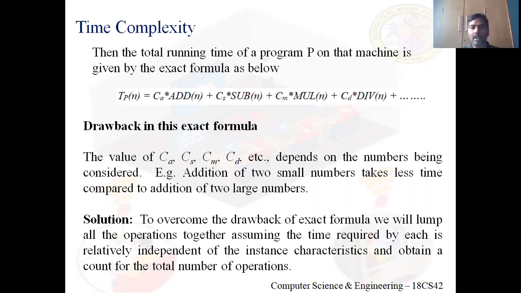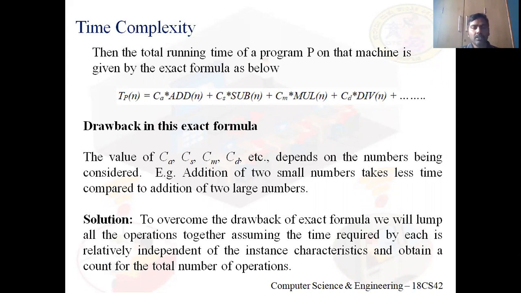We'll assume CA, the time for one addition, varies from machine to machine because of varying processor speed and other hardware characteristics. So I repeat, the time for one addition, that is CA, and for one subtraction CS, CM, CD, are machine dependent.